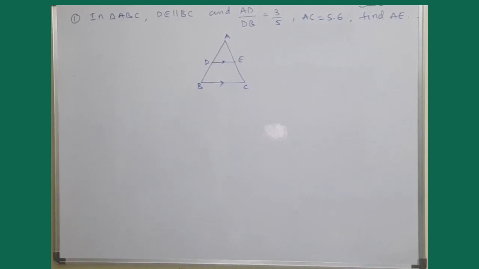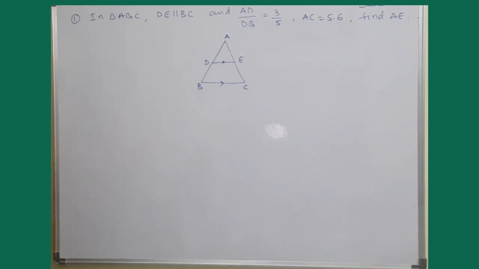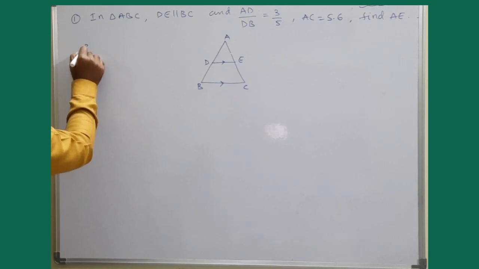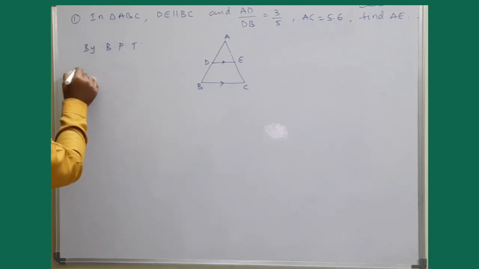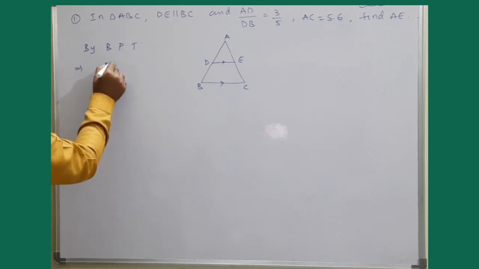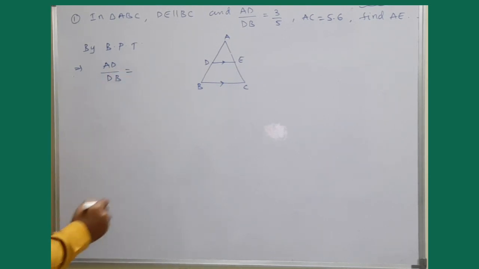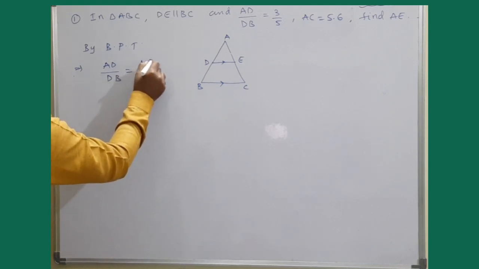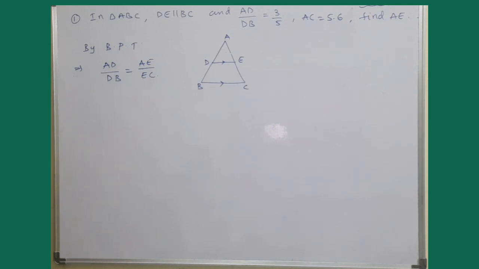BPT. So by the basic proportionality theorem, since DE is parallel to BC, I can say that AD by DB is equal to AE by EC.